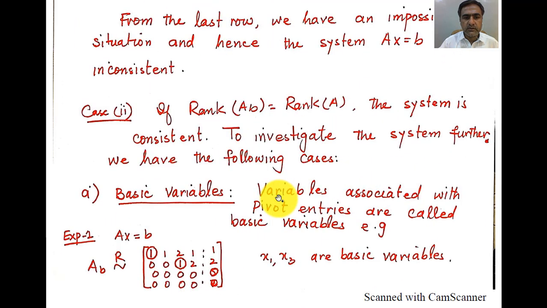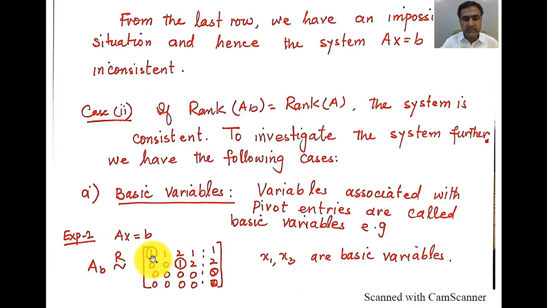Number one, we will define basic variables. Once we reduce a matrix into an echelon form matrix, we know about the pivot entries. So variables associated with pivot entries are termed as basic variables. For example, I have a system Ax = b, I have its augmented matrix, I reduce it into an echelon form matrix, and I have this matrix as the echelon matrix.